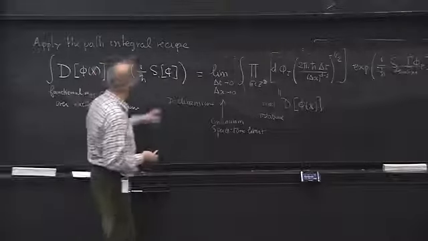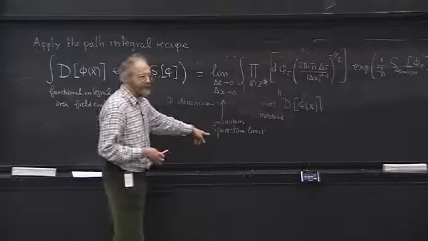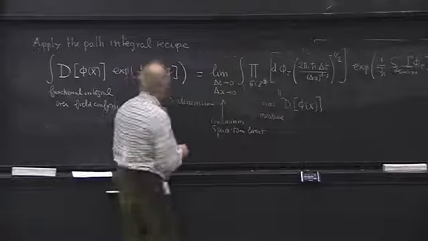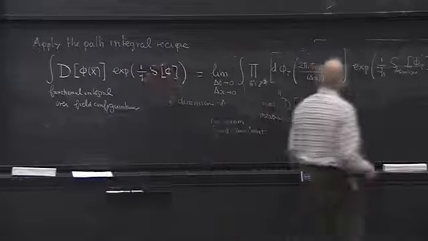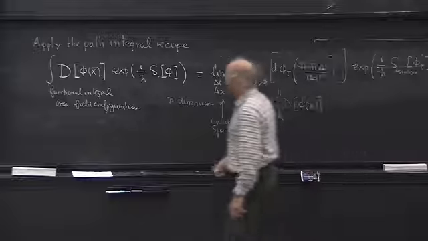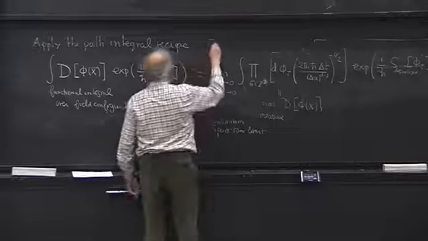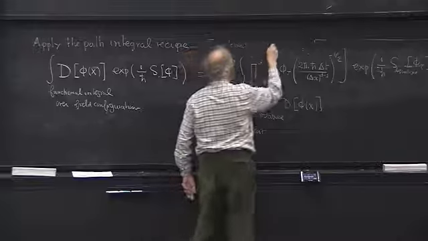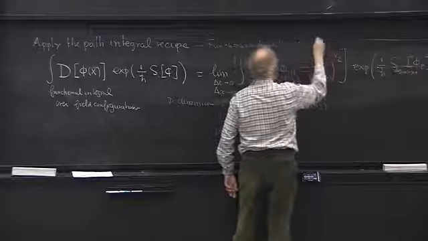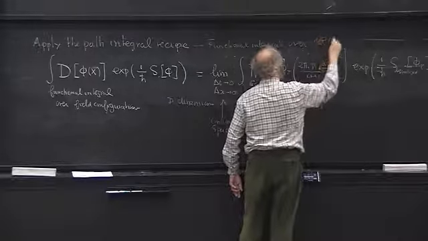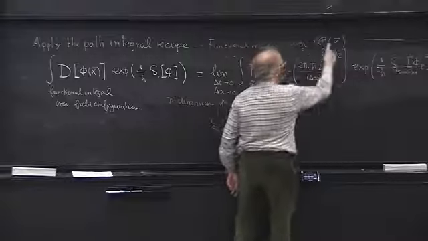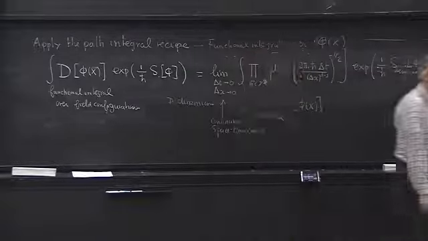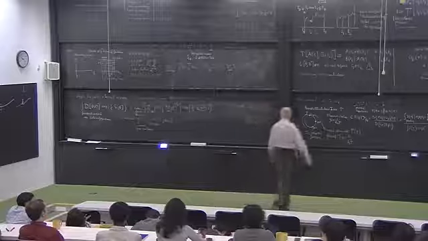At the end, we built a theory in a continuum space-time. Okay. So now basically we have defined a functional integral over fields in space-time, scalar fields in space-time. See?